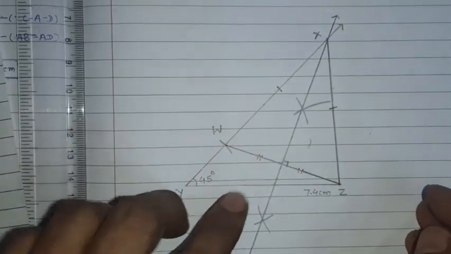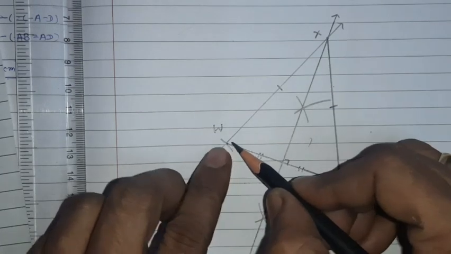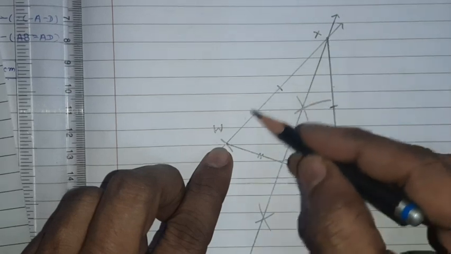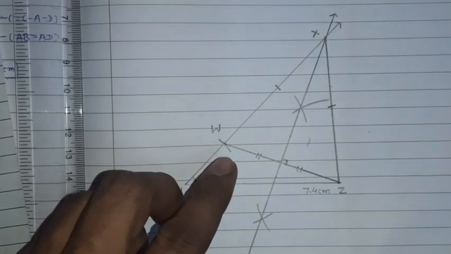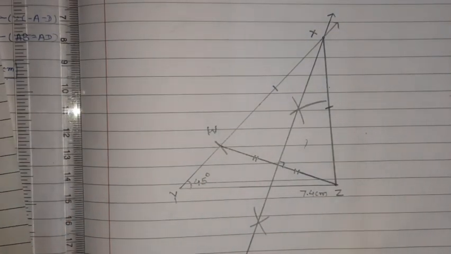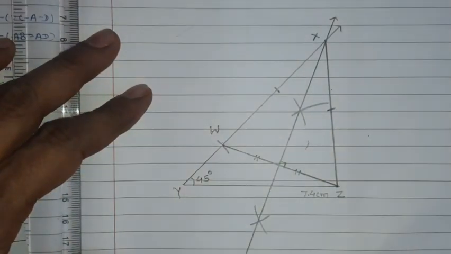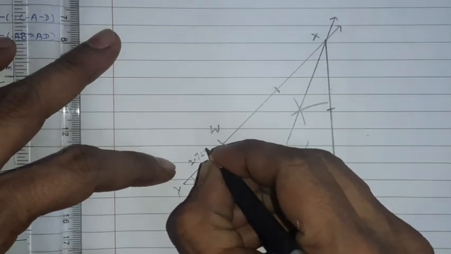Because any point on a perpendicular bisector is equidistant from the end points of that segment, therefore XW and XZ are the same. Now dear students, see here what we have to write here. This is an important one, you must write it in the exam. See dear student, here YZ is 2.7 centimeter.